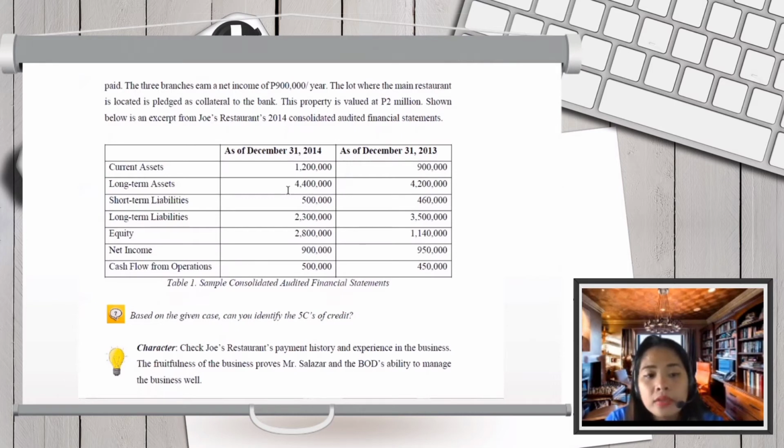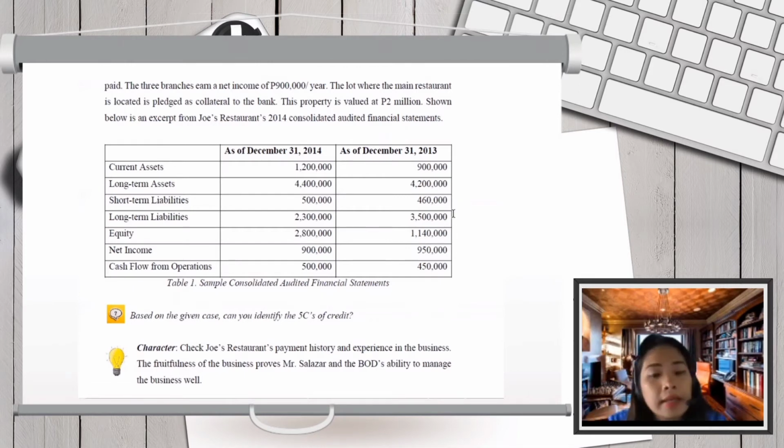Right? So, kung titignan nyo, from 4.4, yung long-term assets, naging 4.2. Short-term liabilities from 500,000, noong 2014, naging 460,000. Yung long-term liabilities niya, from 2.3, naging 3.5, tumaas ang kanyang long-term liabilities.